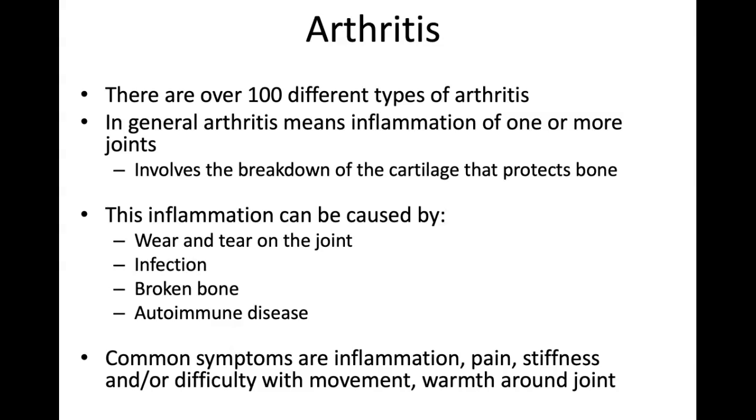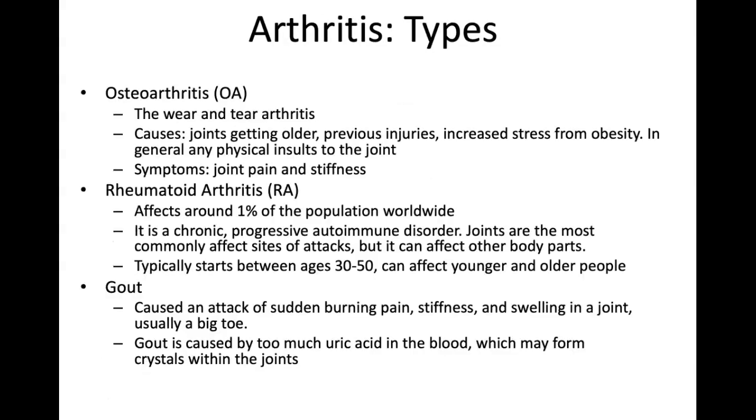So what are the symptoms? Pain, stiffness, difficulty with movement, like almost feeling like you're trying to move a rusty hinge. Here's a couple of types of arthritis that you should be aware of. The first one, of course, is osteoarthritis. This is generally associated with people as they're getting older, people that are overweight, people that have had previous injuries.